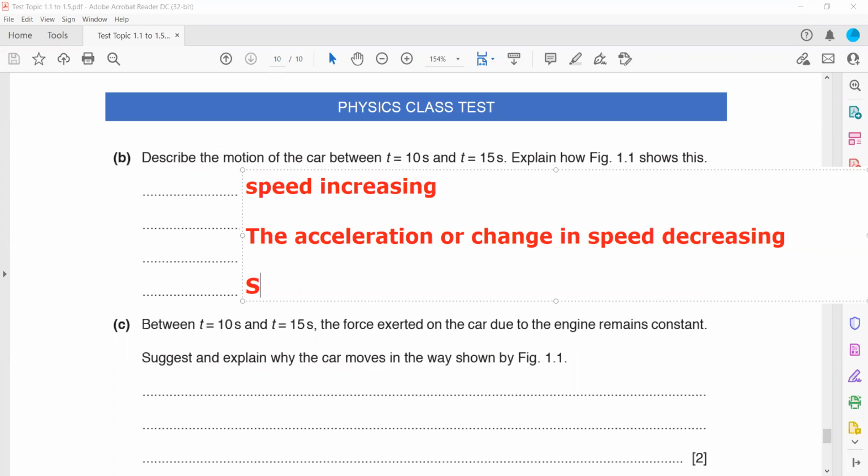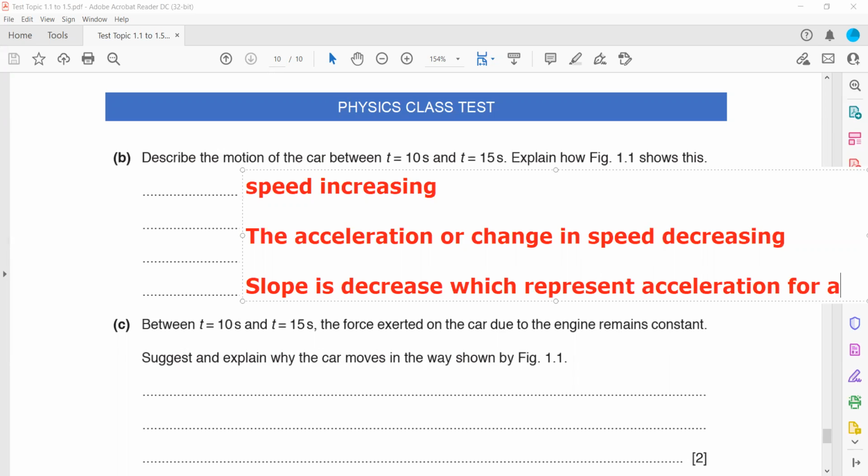And third, how you can identify, because the slope is decreasing, because the slope represents acceleration for a speed-time graph.